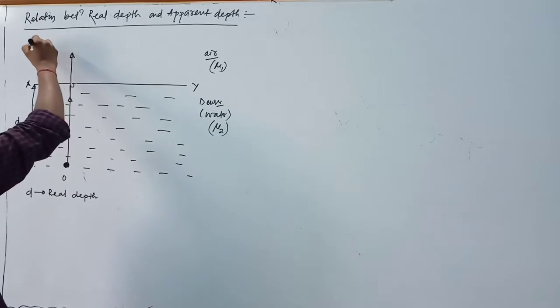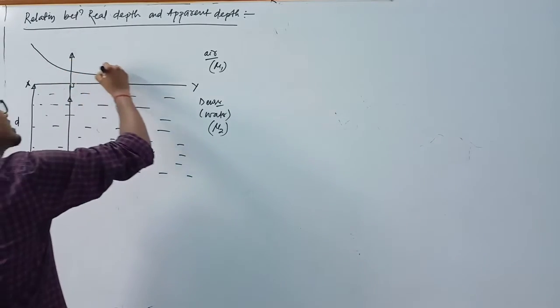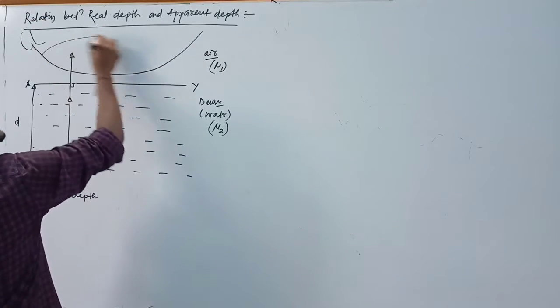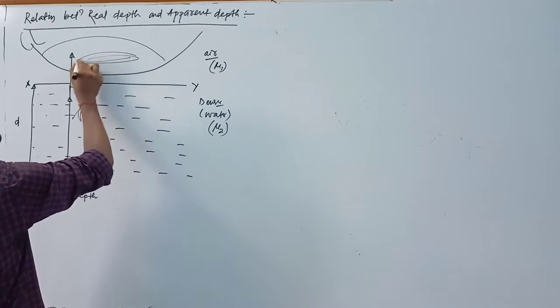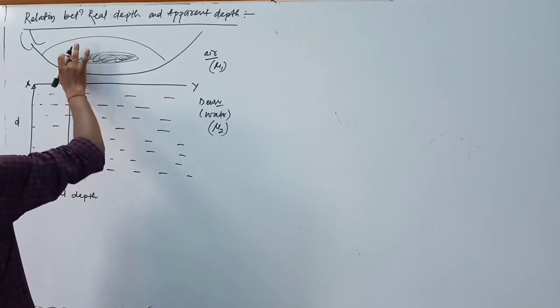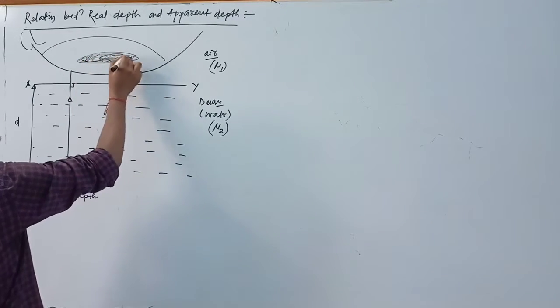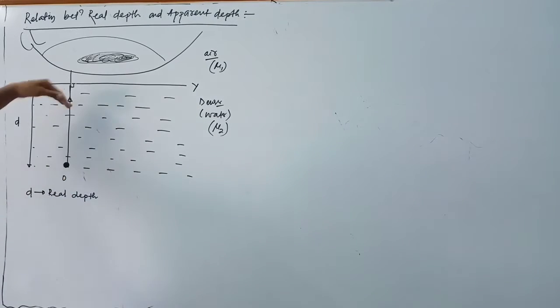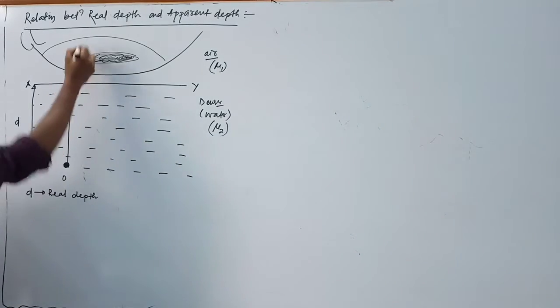It travels in this direction. If you observe here, this is the eyepiece, and we have to see the image of an object which is inside the water medium. So the ray of light is incident on the eye.